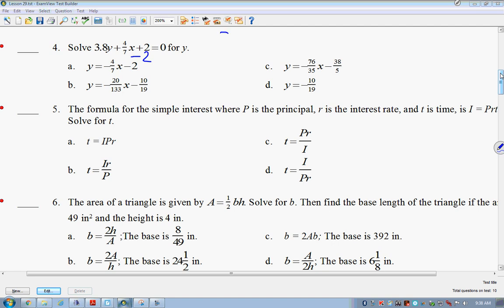All right, so we got 3.8y plus 4/7 x equals what? But what did you do here? You subtracted 2 on both sides, right? Equals -2. That's important, right?